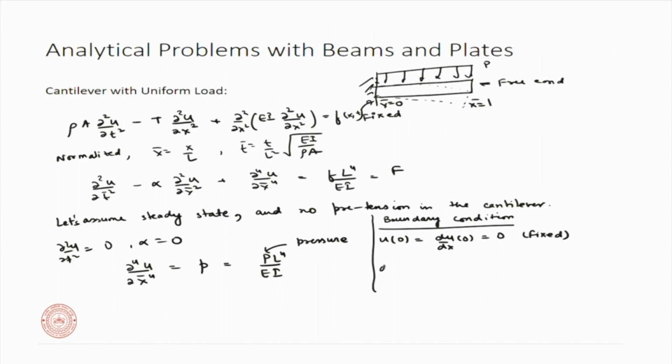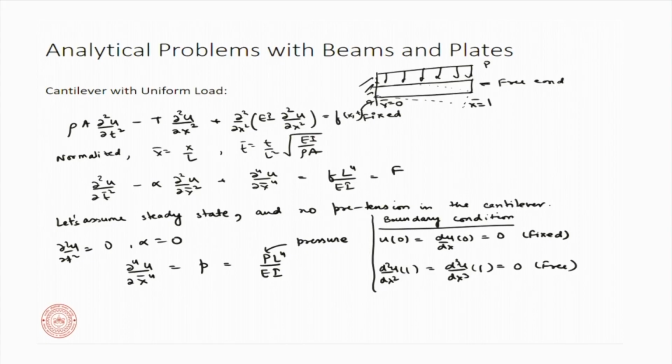And then for the free condition, d square u by dx square at 1 equals d cube u by dx cube at 1 equals 0, that is your free condition, the free end. So, you have a fixed end and you have a free end.